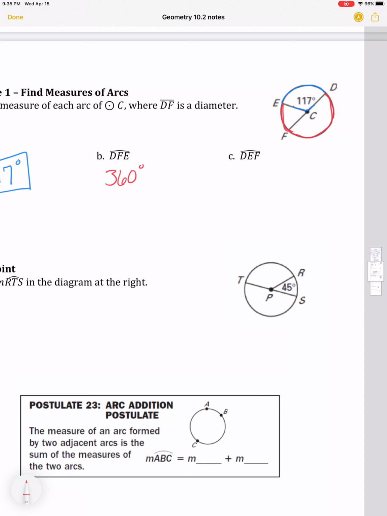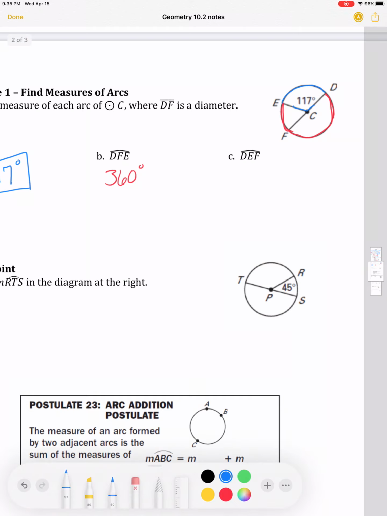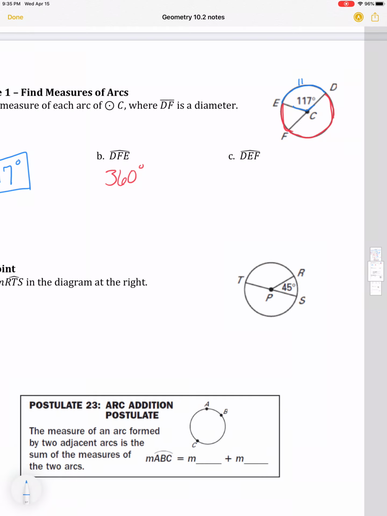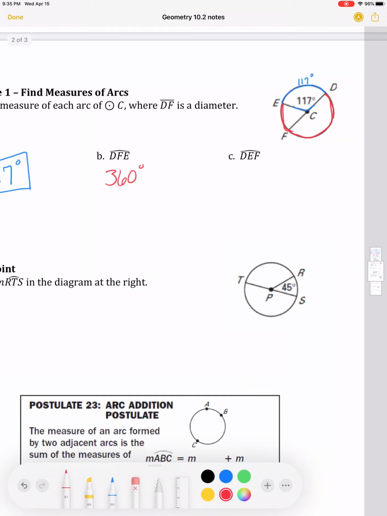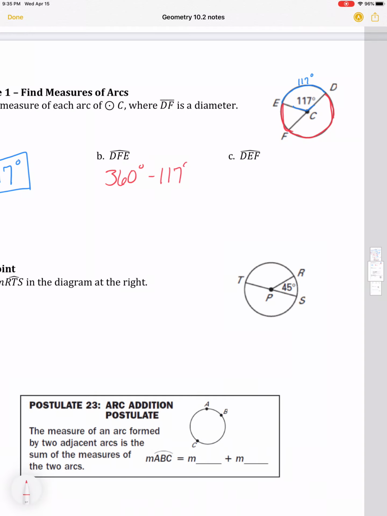The part that's not in red is right up here. This is 117 degrees. So we'll do 360 minus 117. If we do that, we'll get 243 degrees. So notice that one had 3 letters, and it's 243 degrees, bigger than 180.